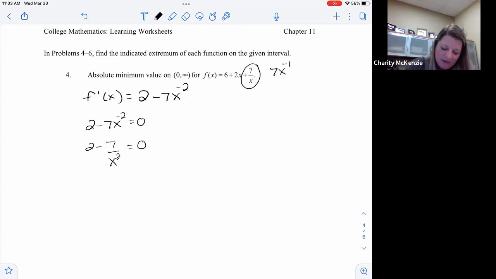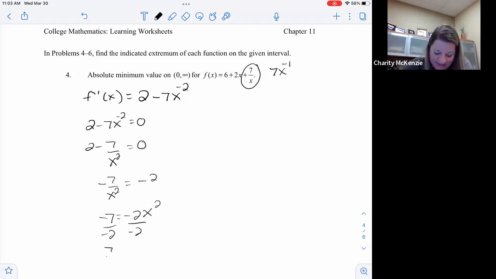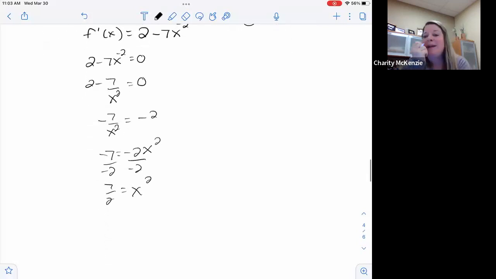All right, so then from here, I'm going to minus the 2 over, so it becomes negative 7x squared equals negative 2. Okay, then I'm going to times the x squared over, and I get negative 7 equals negative 2x squared. Then I'm going back the other way. Then I could divide by the negative 2 on both sides, and I get 7/2 equals x squared.